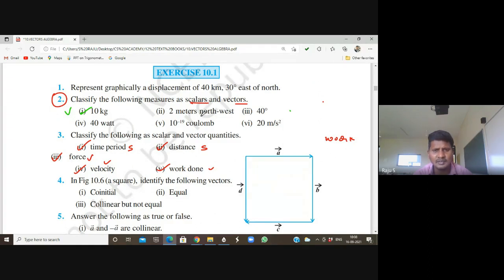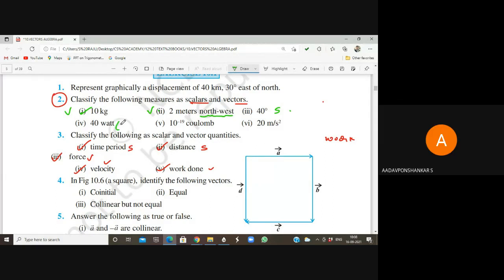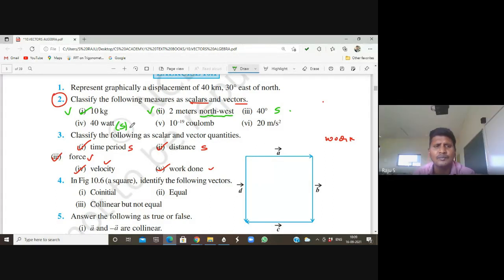They have clearly mentioned the direction, 2 meters northeast, direction is there. So vector. Then what about 40 degrees? Scalar, because they have not given anything with respect to x-axis or y-axis. So it is a scalar. Then 40 volts. Scalar only, 40 volts.